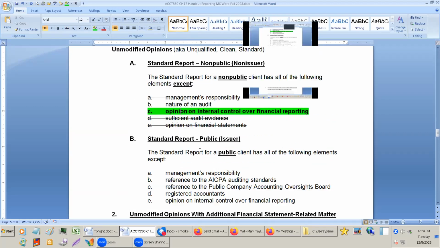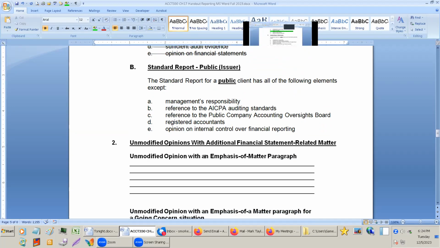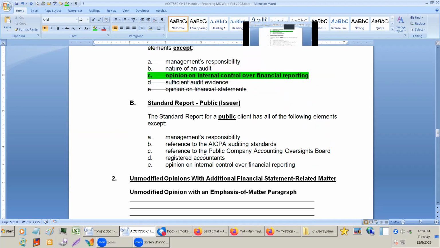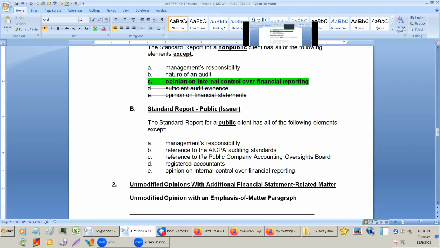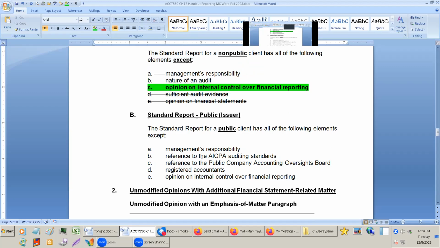Okay. The standard report for a public issuer. You know what? I realized I didn't talk about this one enough. I'll tell you what. So this is a publicly traded company. I'll give you the ones that it isn't.